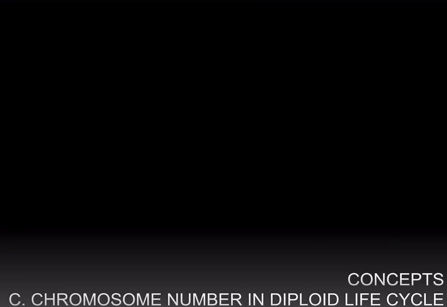How does chromosome number change during the life cycle of a sexually reproducing organism? Such an organism may start life out as a single-celled zygote, and the zygote will be diploid. So it will have 2n chromosomes, where n is the haploid number of the organism.